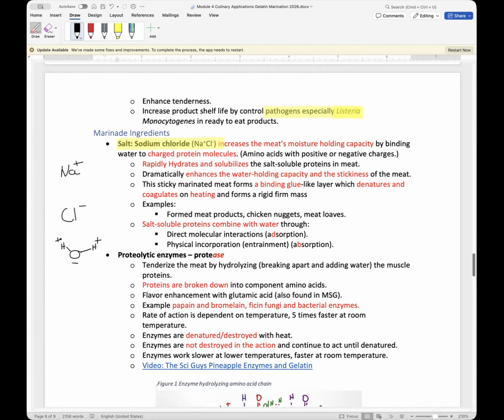So therefore, it attracts these sodium and chlorine ions and keeps them in solution. So that's why the salt keeps the water. That's why adding salt to a marinade will increase the water holding capacity. Does that make sense? Okay. Good. So that's why it enhances it.